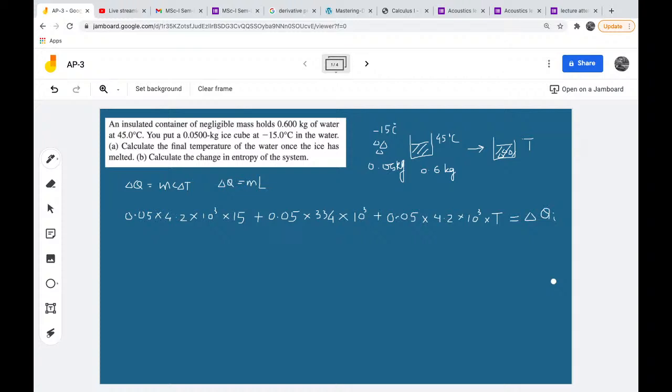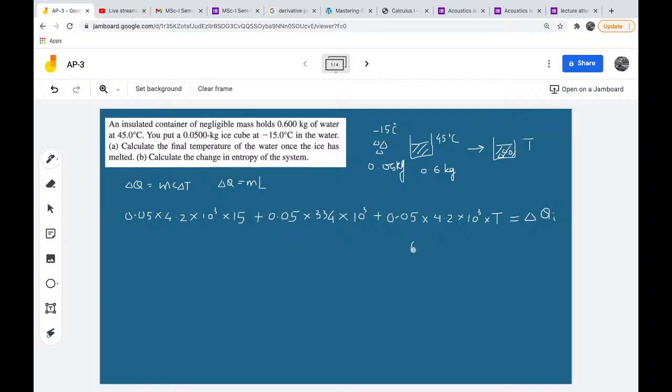Okay, how much heat will the water lose? So the water was at 45 degrees Celsius and the mass is 0.6 kg, so I can use this once again.